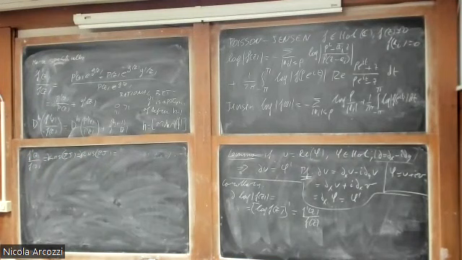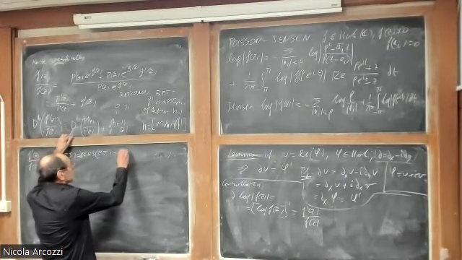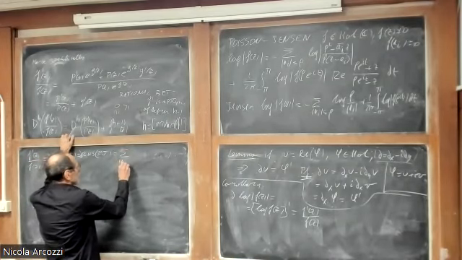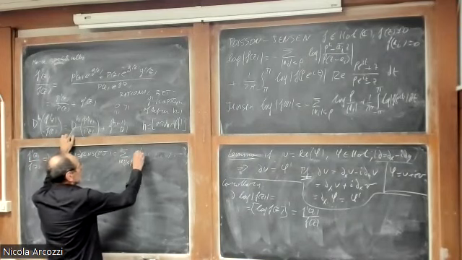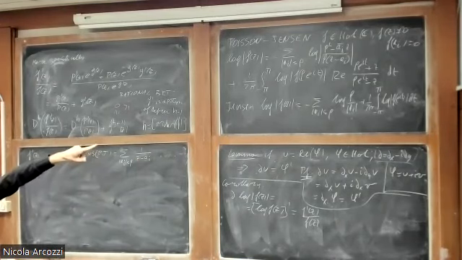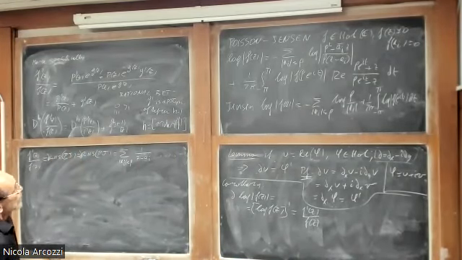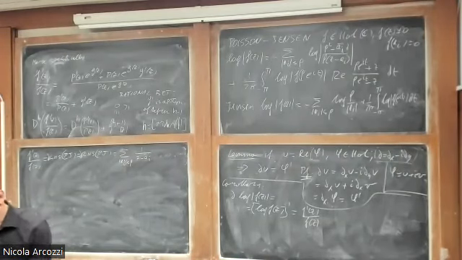So I guess the sum over a_i with modulus less than rho of 1 over z minus a_i, which is the denominator over there, minus, but then I get a plus.